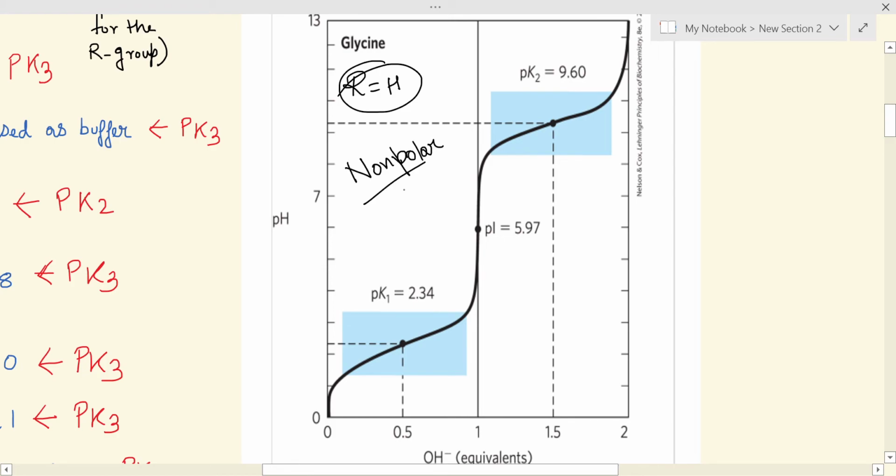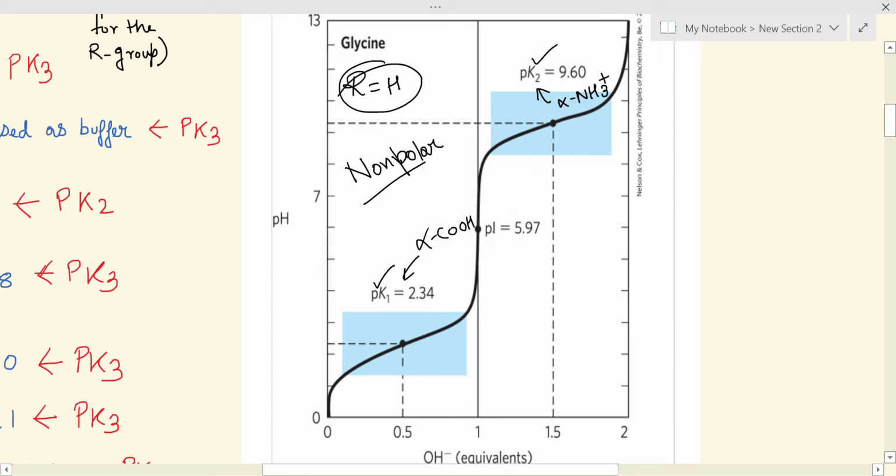So it will have only two pK values, pKa1 and pKa2. This is for the alpha carboxylic acid and this is for the alpha amino group. pKa1 here is 2.3, approximately 2, and the amino group has a pK2 value of 9.6, approximately 9.